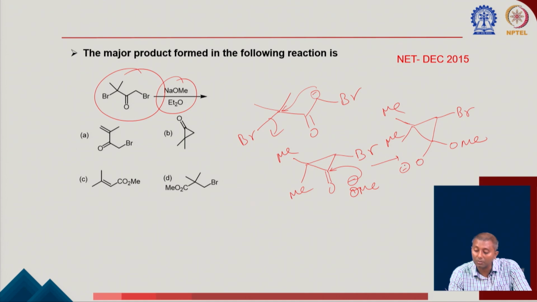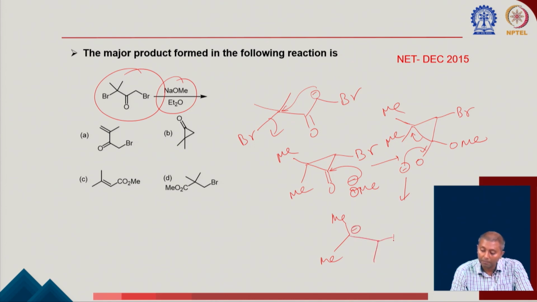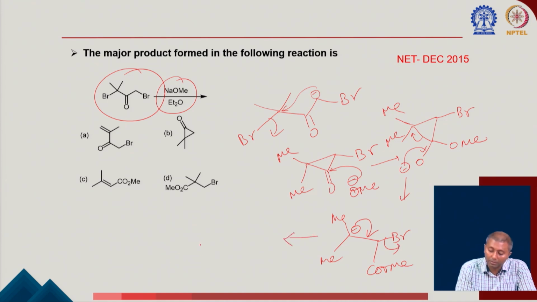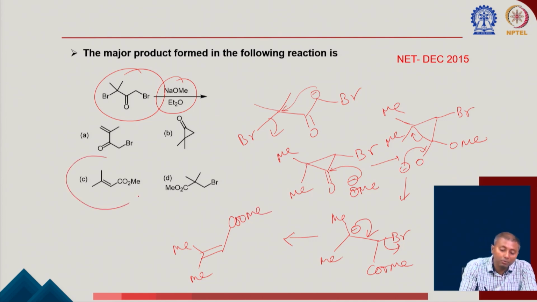So you can see this is going to come back here, and this is going to generate one negative charge next to the methyl. We allow the elimination to happen to get to the corresponding product. Okay. So if you look, C will be the correct option here.